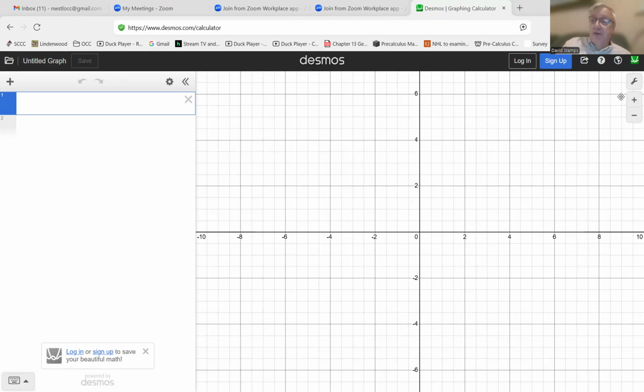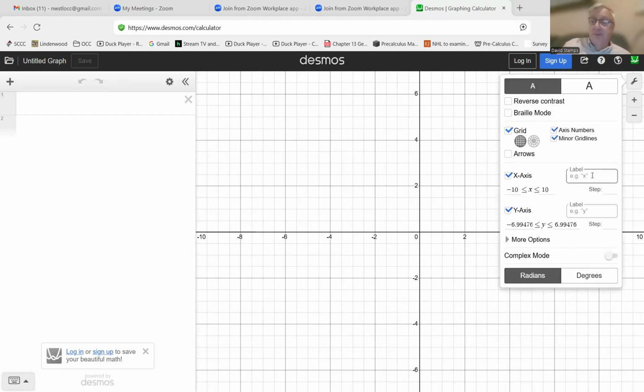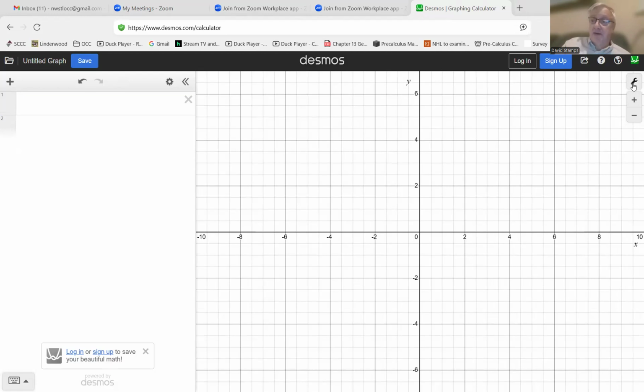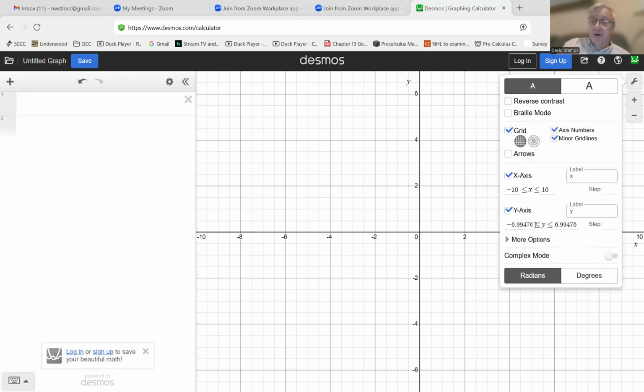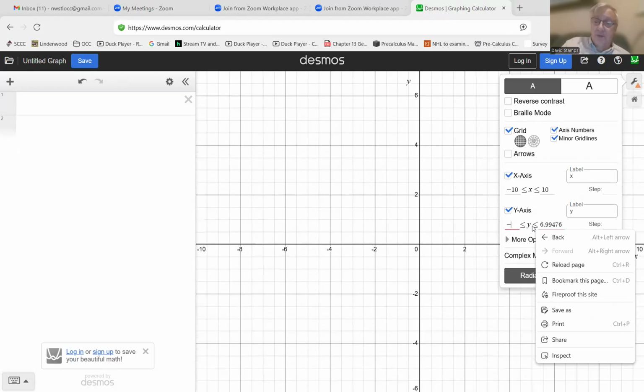And I think what I'll do is label those axes and maybe make my y-axis extend a little further, kind of make the extent of the axes appropriate.